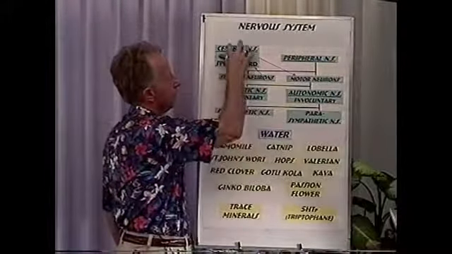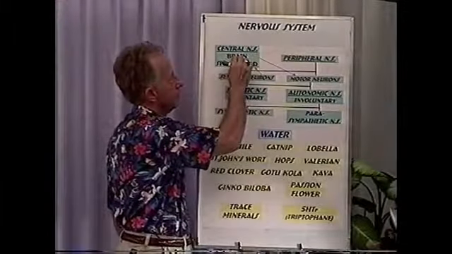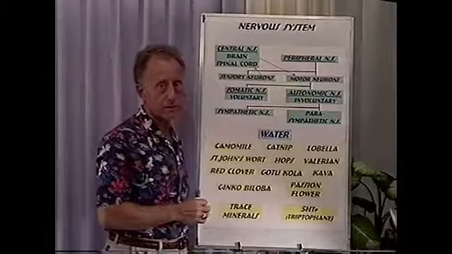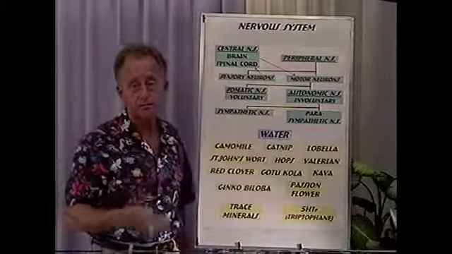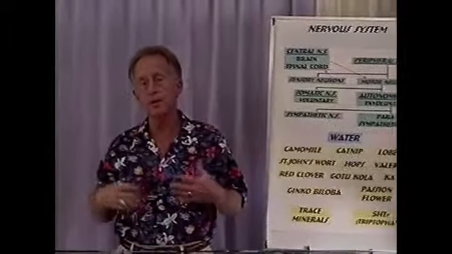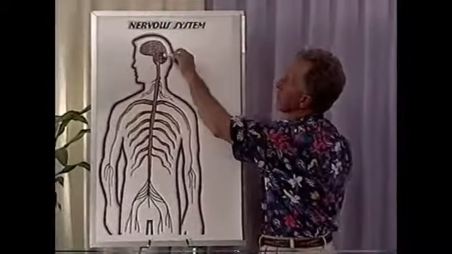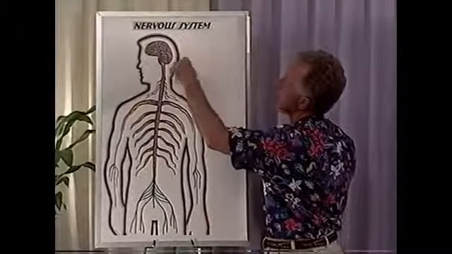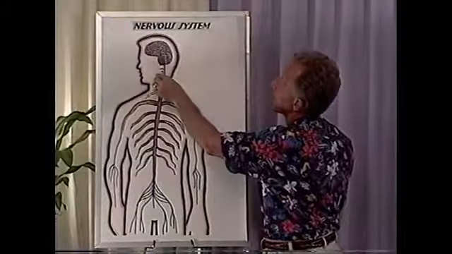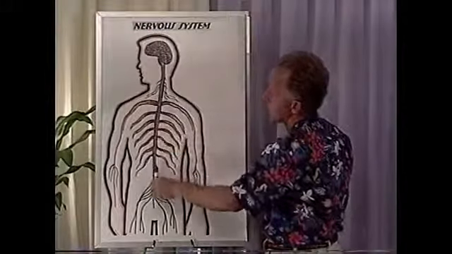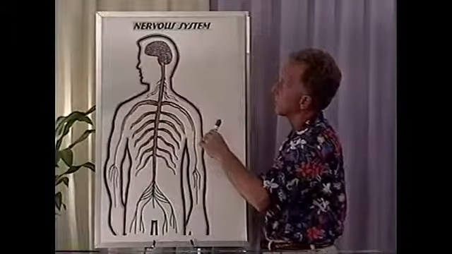And then we have the main central brain and spinal cord. And we'll go over here and look at the chart, and I'll give you an idea what that looks like physically within the human body. Have the brain up here protected in the skull. Coming down off the brain stem is the spinal cord. That's the central nervous system.